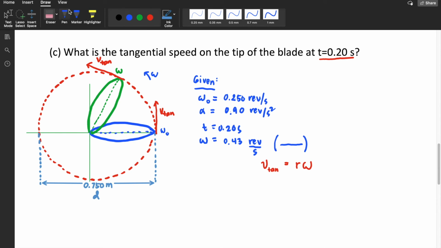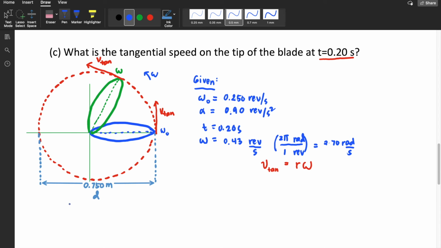So here is that revolution sa denominator and then radians. So take note that in one revolution, there are 2 pi radians. So ang tendency is that this is simply equal to 2.70 radians per second.